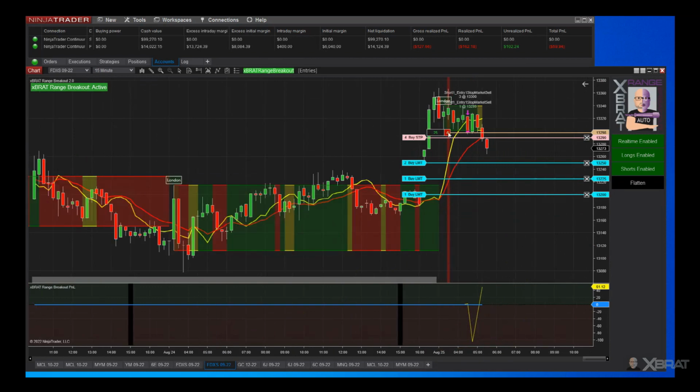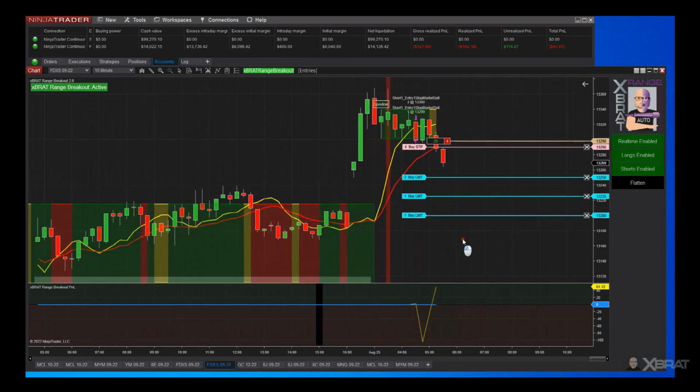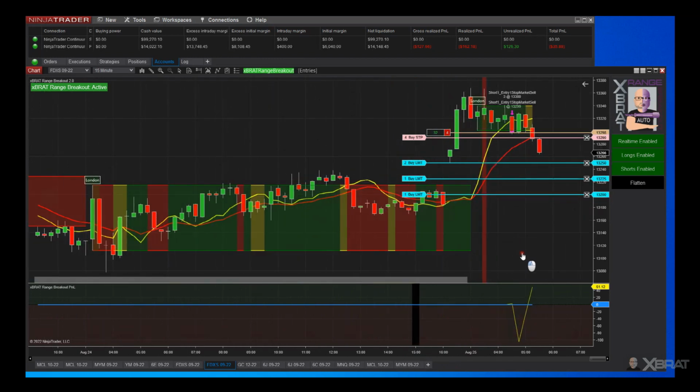So during these first 10 candles, if we do get a reversal, when we get this initial move out of the range, and the range is green, we trigger what's called the reversal strategy.